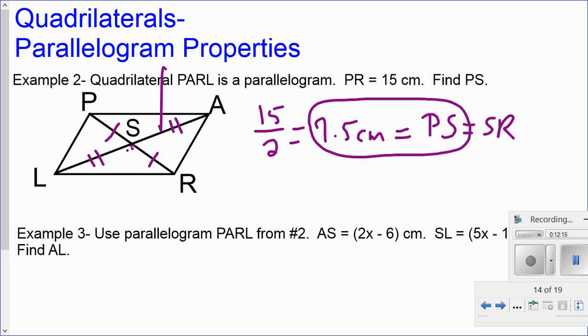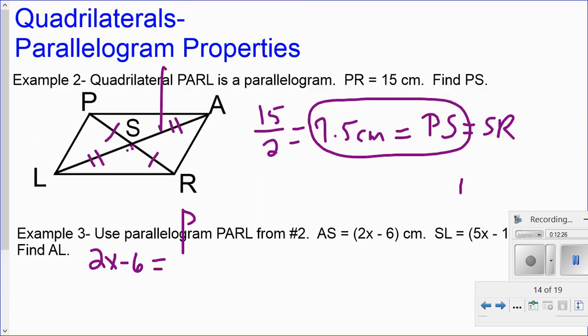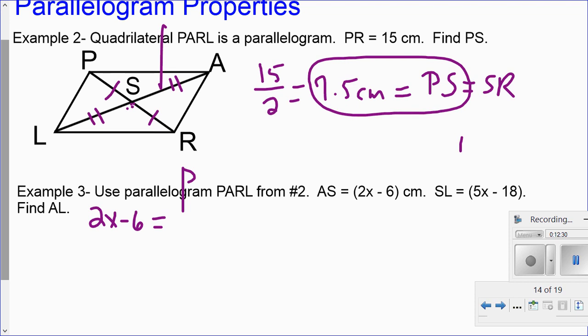So I'm going to set AS's length, 2x minus 6, equal to SL's length, which is 5x minus 18. Excuse these extra marks. So let's solve that for x.